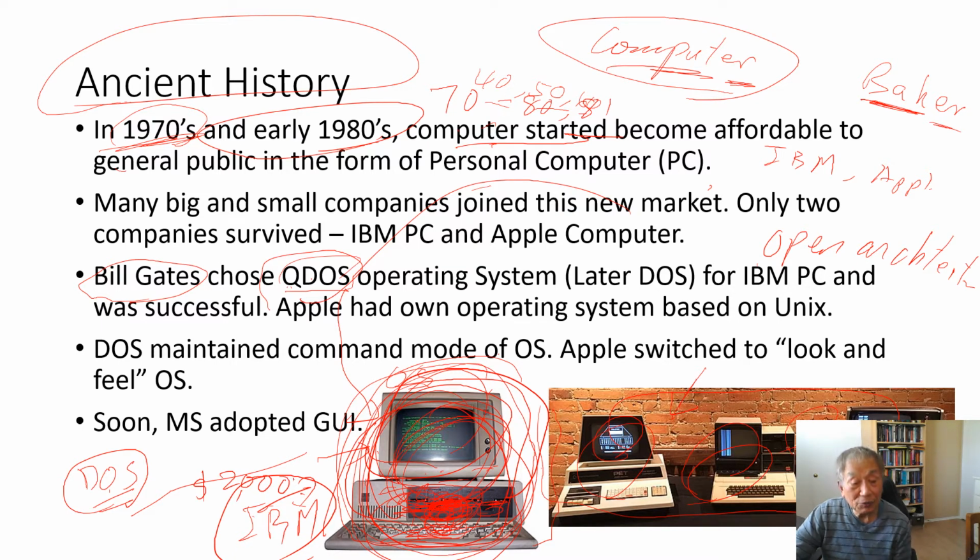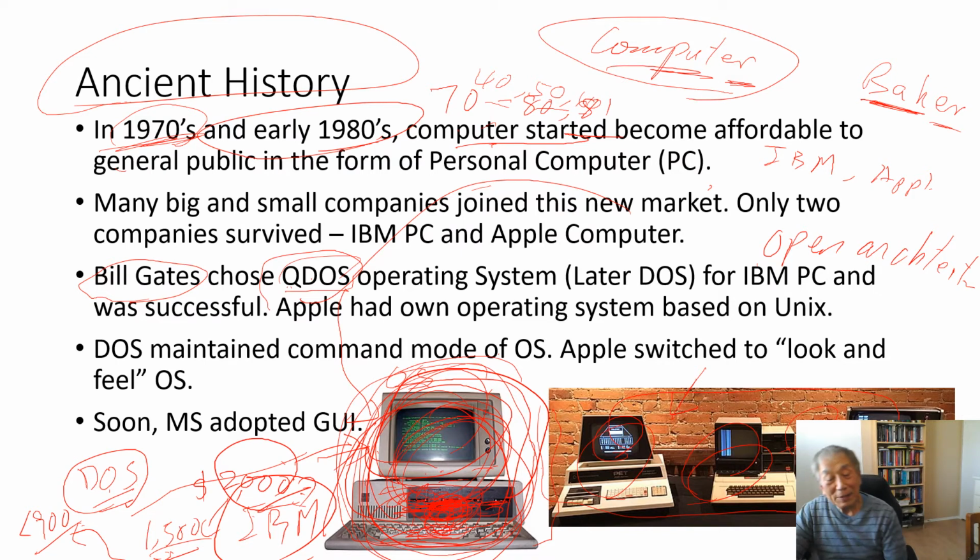So instead of $2,000 from IBM, many of them sold for like $1,500, or if we are lucky and with some twisting of the arms, less than like $900. So it was getting cheaper. The price was driving the demand, so it became pretty popular, and there were so many compatibles created by so many people.